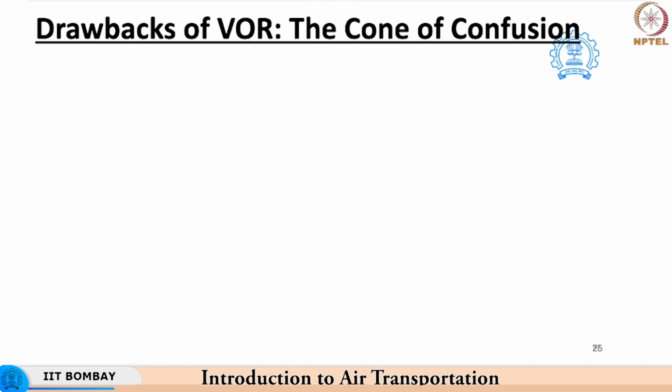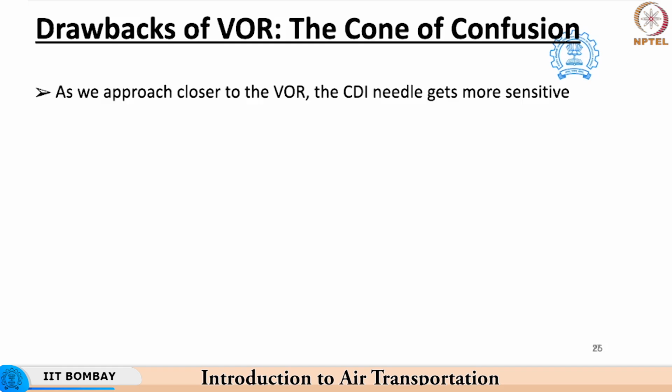Now, despite the enhanced usage of these VORs, there are many drawbacks or anomalies related to VOR operation. First and foremost is called the cone of confusion. As we approach a VOR station, the CDI needle gets very sensitive. It swings between to and from in a very rapid manner, and hence this creates a sense of confusion.